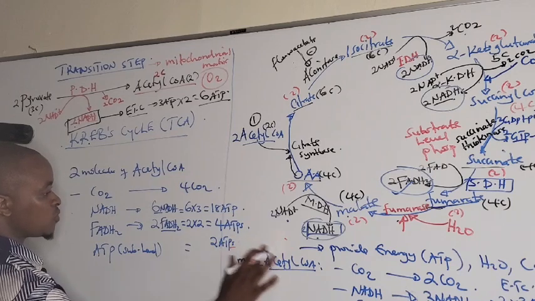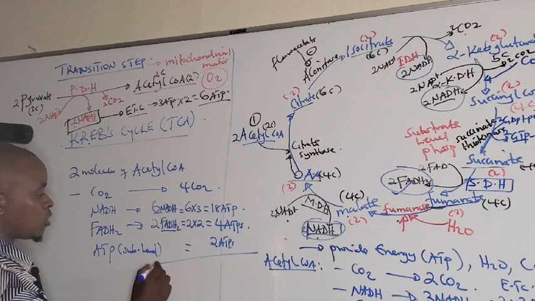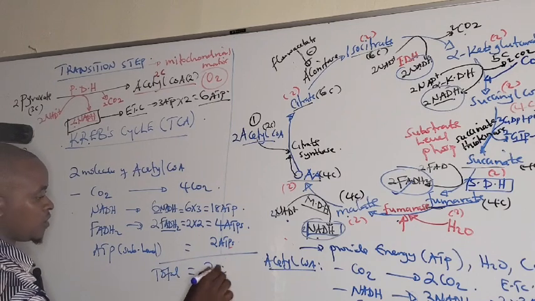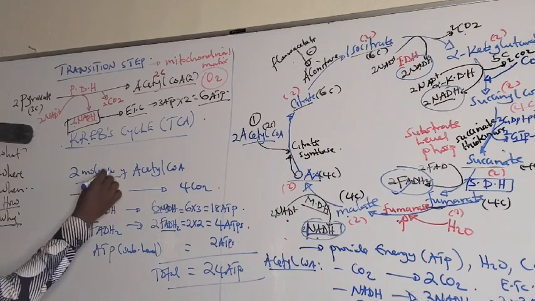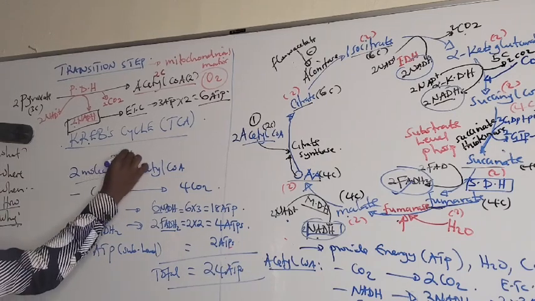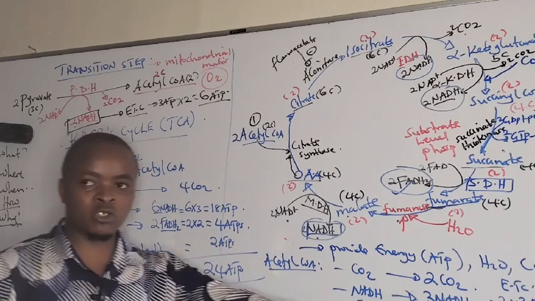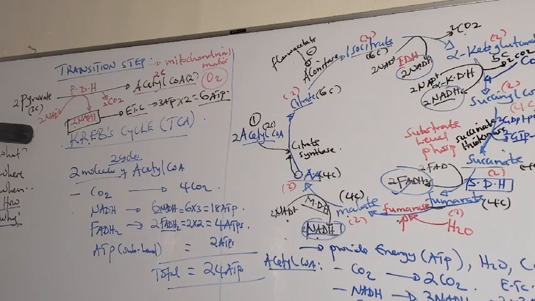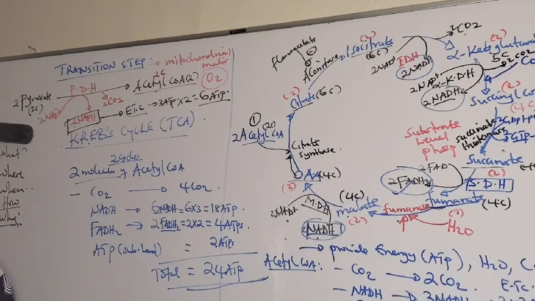That is for 2 molecules of acetyl-CoA. And the total we get is 24 ATPs for 2 molecules of acetyl-CoA, 2 cycles. So for 1 cycle we produce 12 ATPs, but for 2 cycles we produce a total of 24 ATPs.